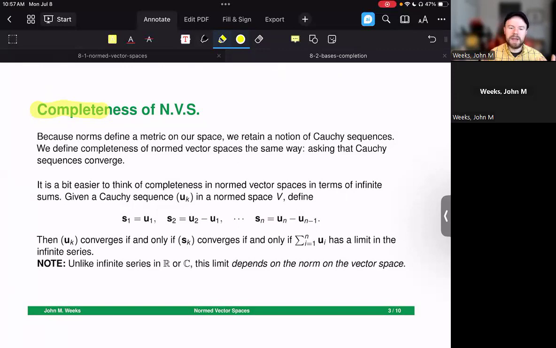So completeness of a normed vector space is going to come from these series that we've been working on. That's why I introduced series in the previous example: the easier way to define completeness for a normed vector space is in terms of series. You'll see in the notes section of my video lectures that I've given a quick PowerPoint presentation of some review of series, in case it's been a while since you've seen those concepts.